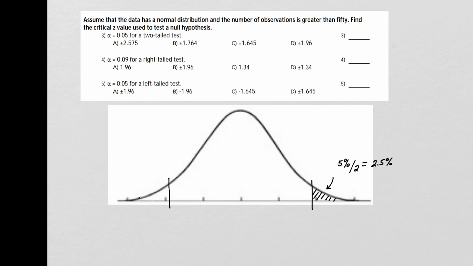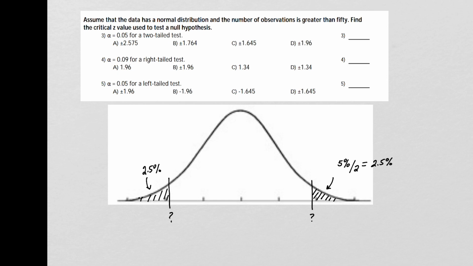And then the area in the left tail is also 2.5%. So we need to find the two critical values because this is a two-tail test. So I can eliminate anything that doesn't have a plus or minus, but since all the choices do, we have to go ahead and calculate.